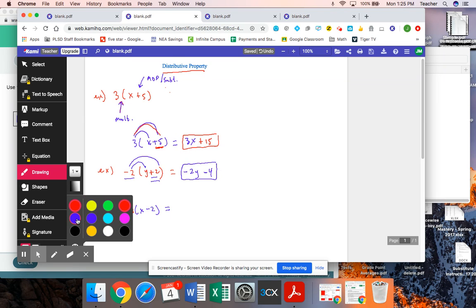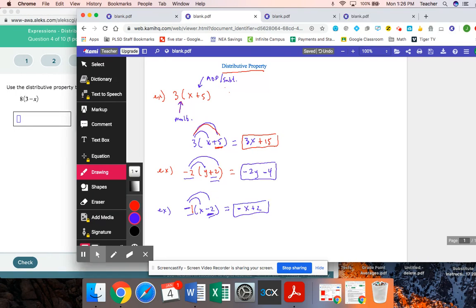So when I distribute, I need to do negative 1 times this, and then negative 1 times that, and by that I mean the whole sign. First, negative 1 times x is just negative 1x, or just negative x. And then negative 1 times a negative 2 is a positive 2. Can't do anything else with that.